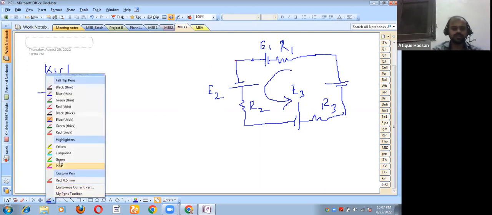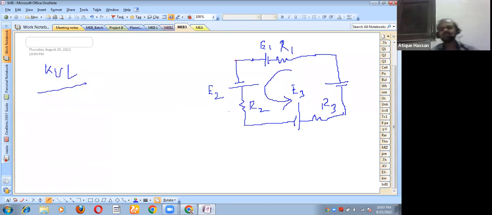Now we will assign signs. The negative terminal of the battery will be taken as minus, and the positive terminal of the battery will be taken as plus. So this will be minus and plus.